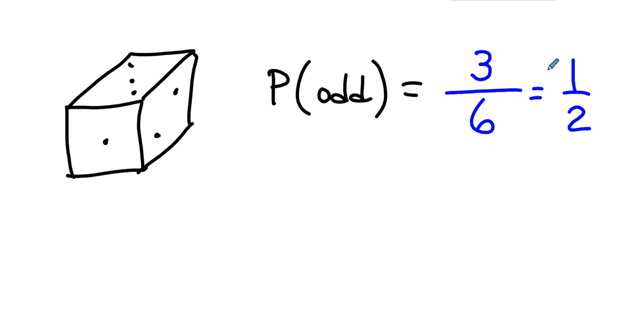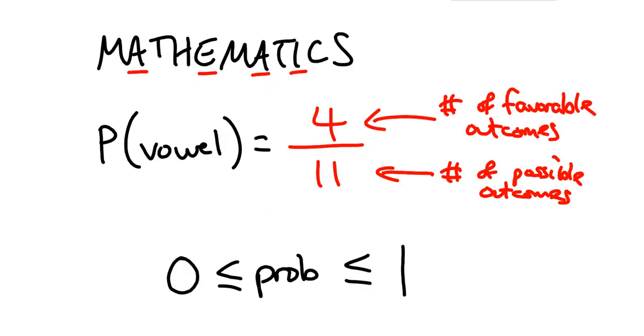And this is what people mean when they unofficially say it's a 50-50 shot. What does 50-50 mean? Well, it means that there's a 50% chance that you roll odd and a 50% chance that you do not roll odd. Now, mind you, probabilities are fractions between 0 and 1.